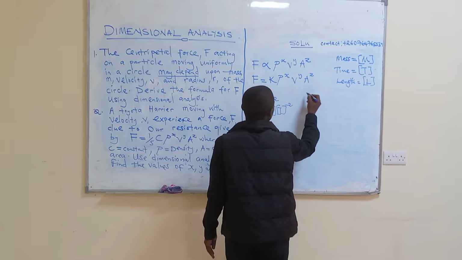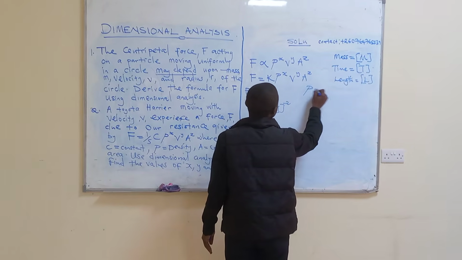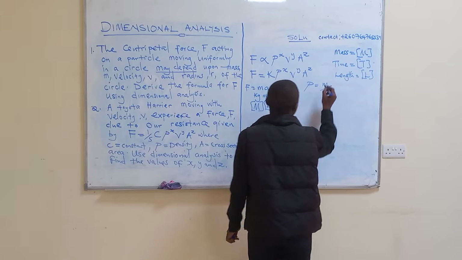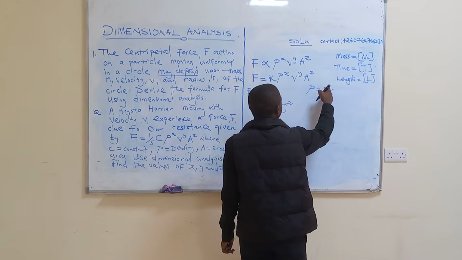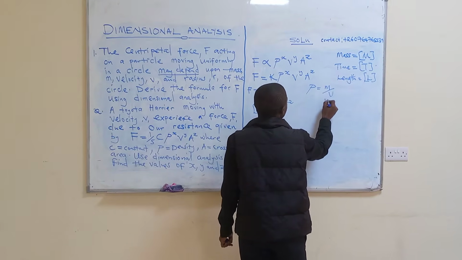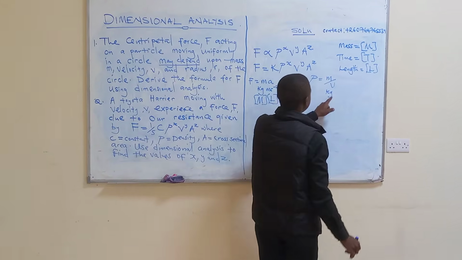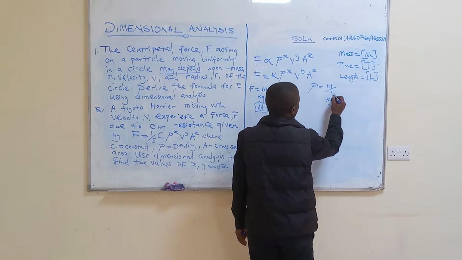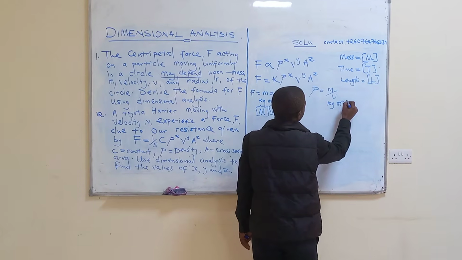For density, we know to say density is equal to mass over volume. So for mass, we know to say is kg. Divide is the same as me writing cubic meter like this.